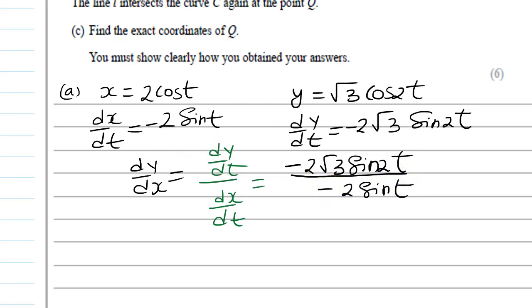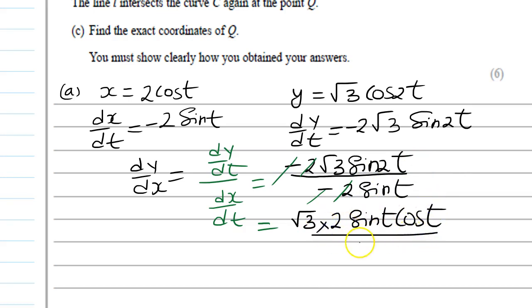So the minus sign is cancelled out, 2 is cancelled out, so we are left with root 3. Sine 2t, using the formula, you can write as 2 sine t cos t, divided by sine t.